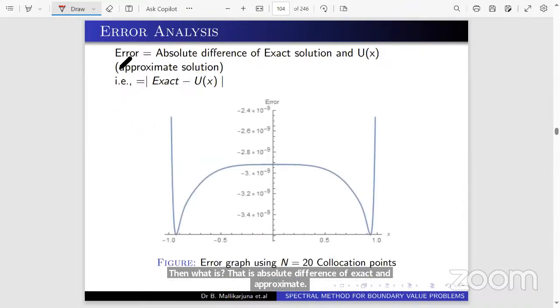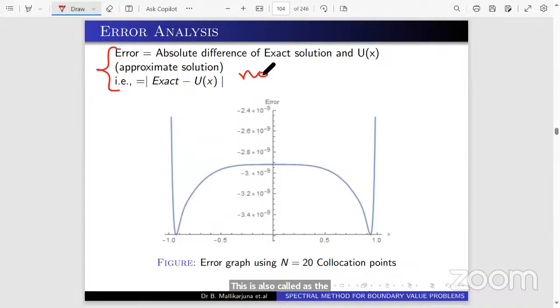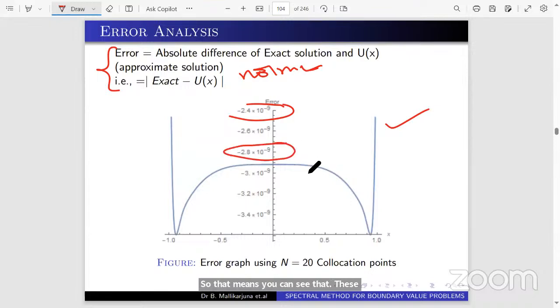This is also called a norm. If we take this norm and draw the curve for it, this is what we get. You can see that this is 10 power minus 9 and this is also 10 power minus 9.